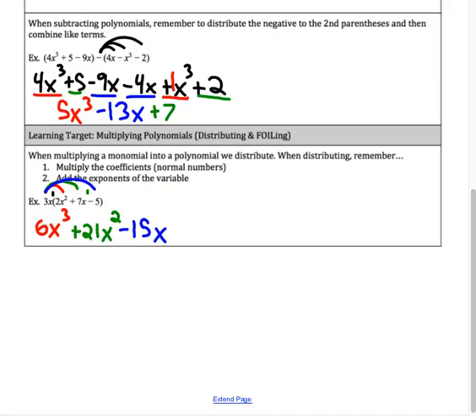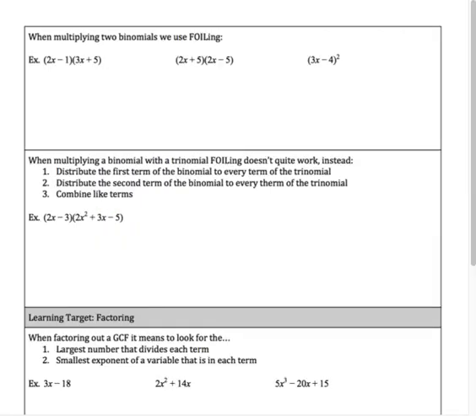After we distributed, then we talked about the idea of when you're multiplying two binomials together, that's going to be this foiling idea, okay? So foiling consists of the same idea, but now we have those 4 steps, right? We multiply the first things together. 2x times 3x would be a 6x squared.